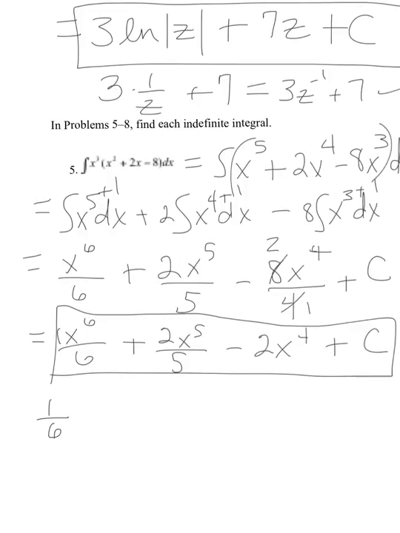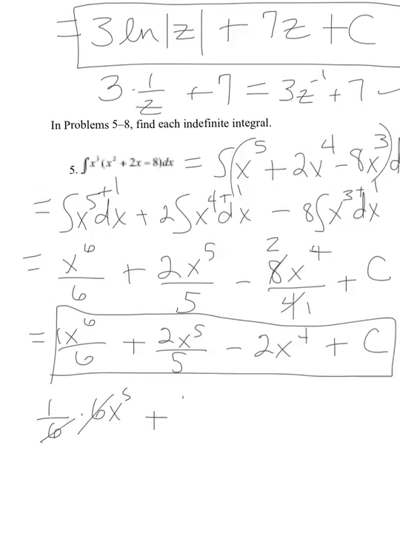Now differentiate x to the 6th. That becomes what? You take away 1 from your exponent. Wouldn't that be what? Yeah, you pull down the 6 as a scalar, and that would be 6x to the 5th. And these 6's are going to cancel, and I'm going to get that x to the 5th.